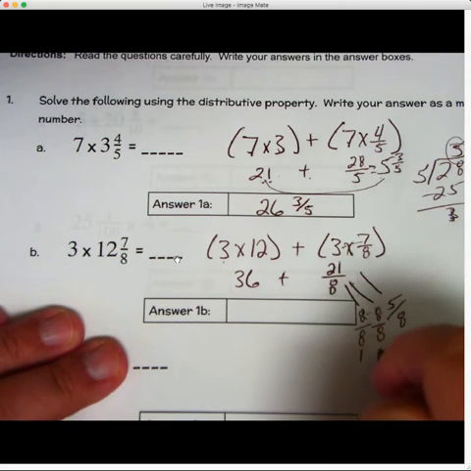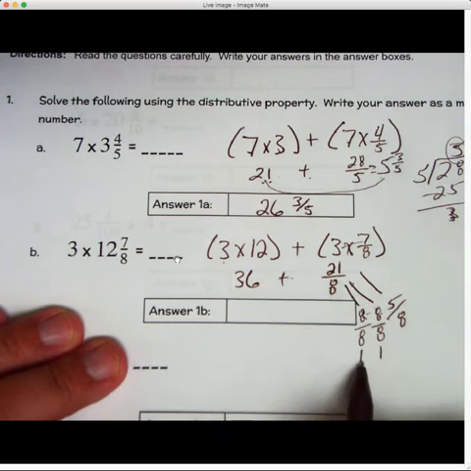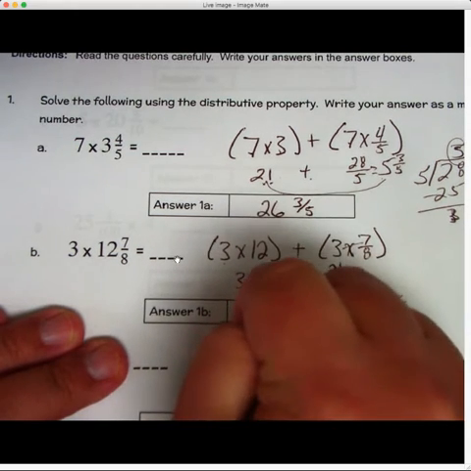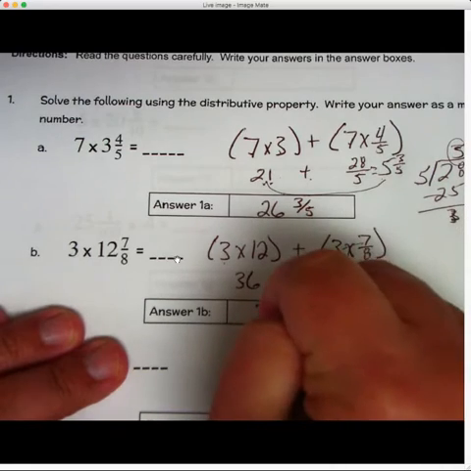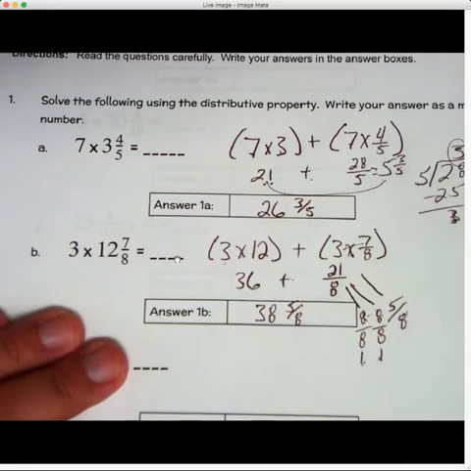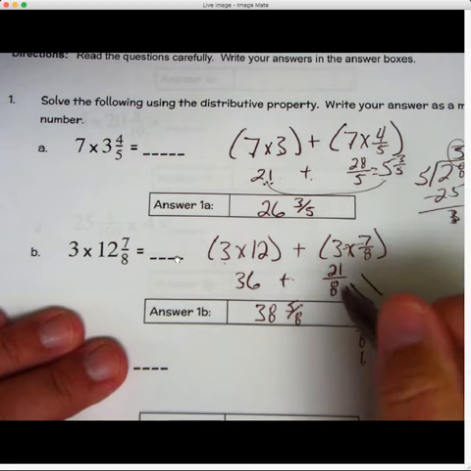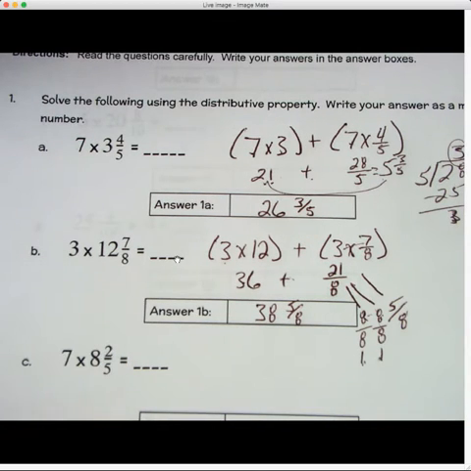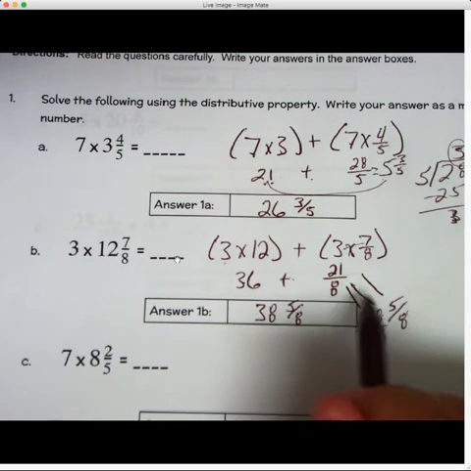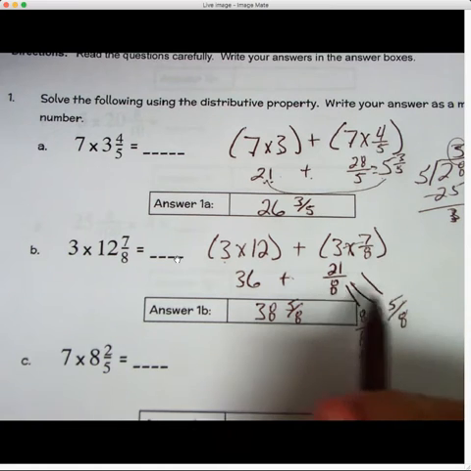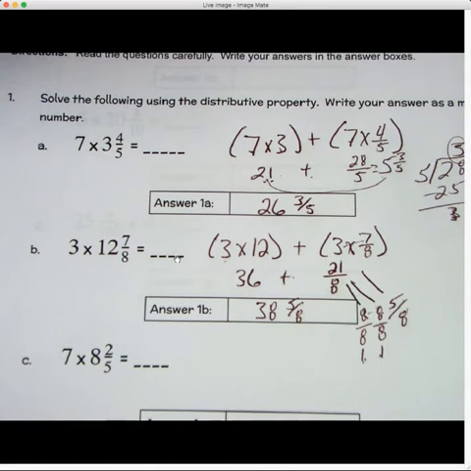So here's 1, 2, and then I have 5/8. So I have 36 plus 1 is 37, 38, and 5/8. So I just decomposed 21/8 that time instead of divided it. You can do it any way you want to. Just make sure if you decompose it that your numerators add up to that numerator.